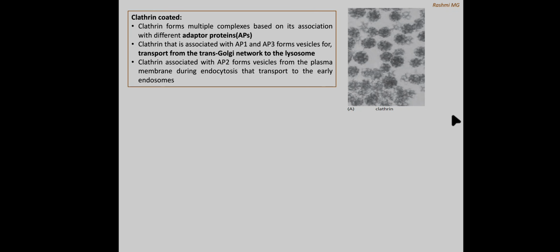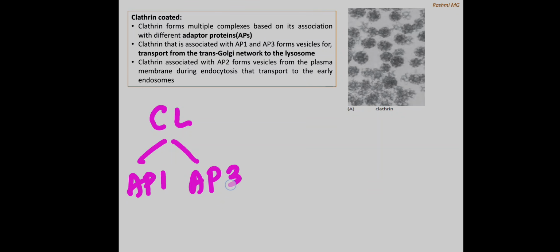transport vesicles. Clathrin coated transport vesicles form multiple complexes based on their association with different adapter proteins. Adapter protein 1, adapter protein 3.